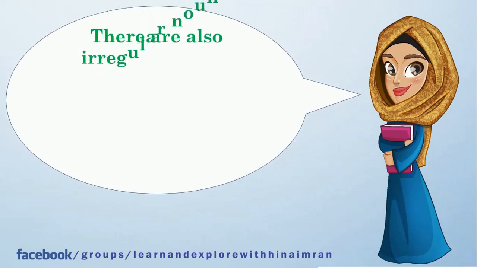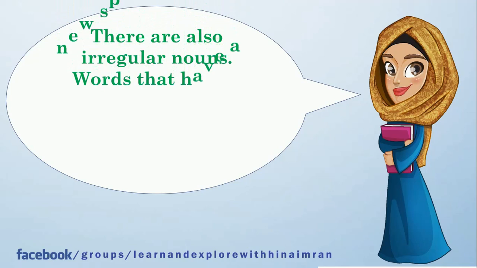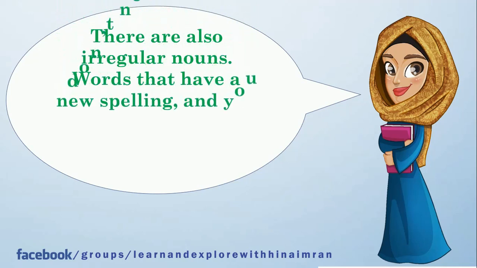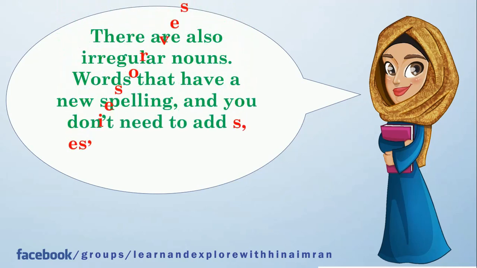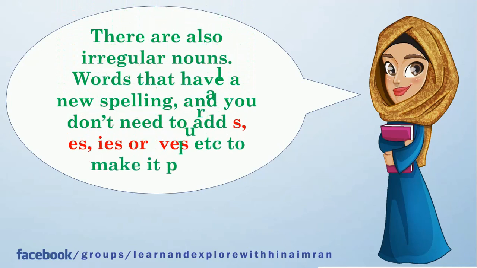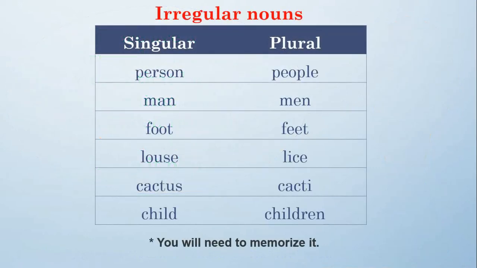There are also irregular nouns, words that have new spellings and you don't need to add s, es, ies or ves, etc. to make it plural. Let's look at the words. They are called irregular nouns. All the plurals have a different spelling.